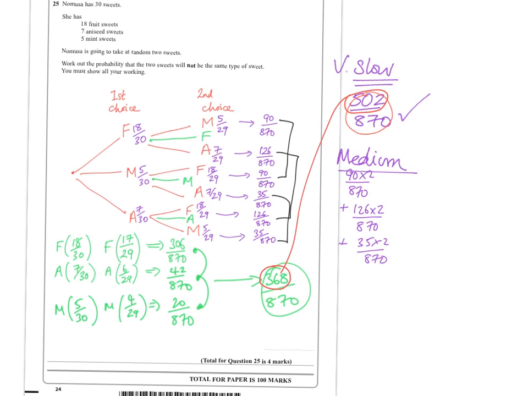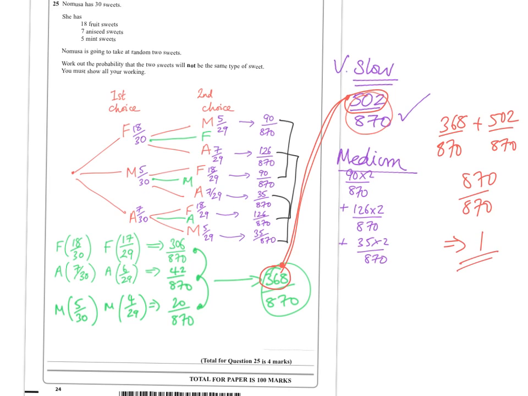Okay, so if you added the chances of getting 2 the same with the chances of getting 2 different, you would get 368 out of 870 plus 502 out of 870, which is 870 out of 870, which is 1, and that's certain that you're bound to pick 2 sweets.